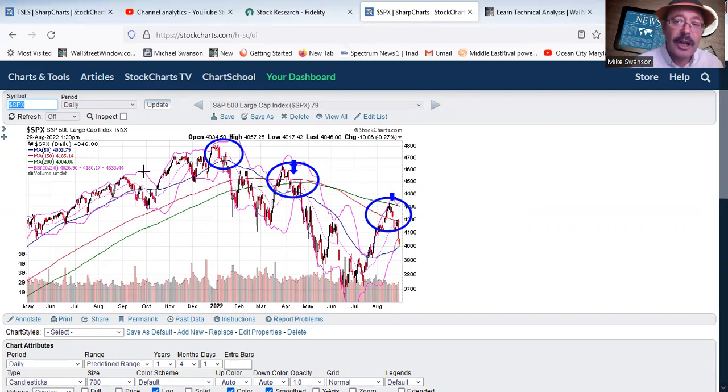I know the market action on Friday, with the Dow falling over 1,000 points and all the attention in the media about what the Federal Reserve Chairman said about inflation and interest rates, dominated the headlines and people's minds. But the reality is, if you look at it now, half the move down happened before that meeting. Let me repeat that. Half the move down in the market since the last peak in this rally happened before the Friday meeting.